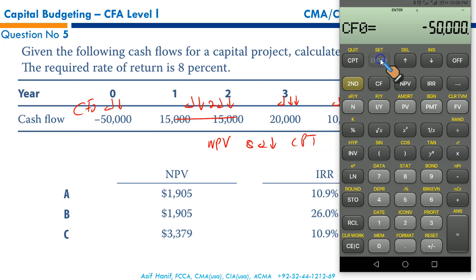50,000 negative, enter, down arrow key, then you have 15,000, enter twice, 20,000, then 10,000, and then 5,000.